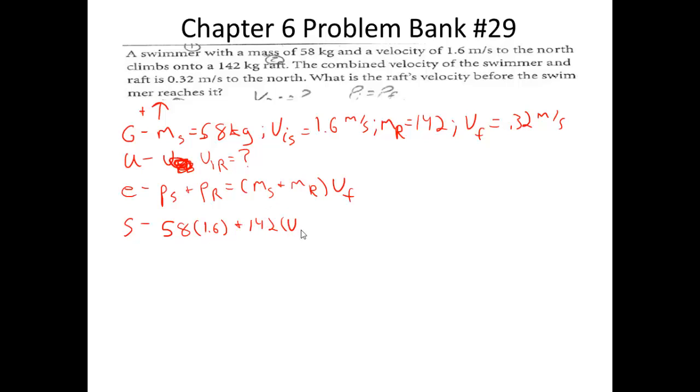And again, we do not know the initial velocity of our raft, so we do not know its initial momentum. The swimmer and the raft, that mass combined will be 200 kilograms, and the final velocity is 0.32.